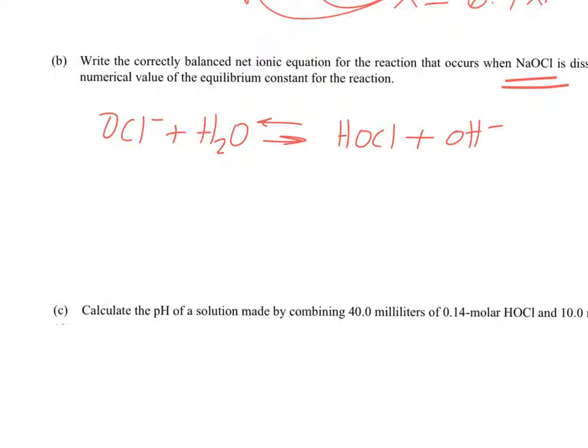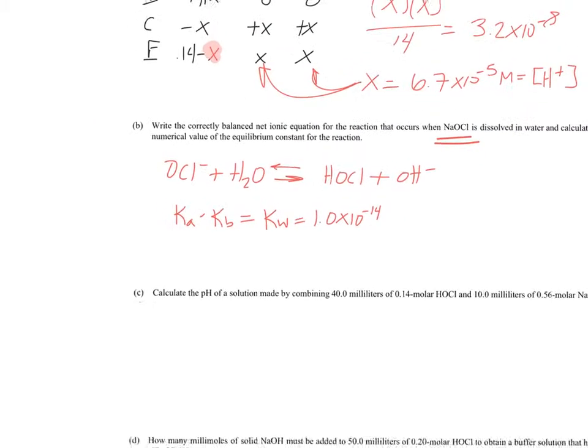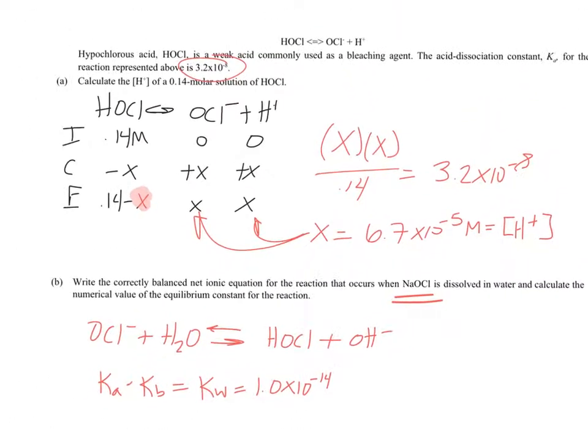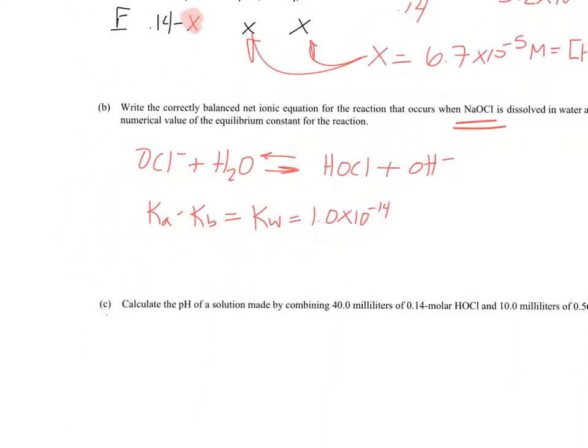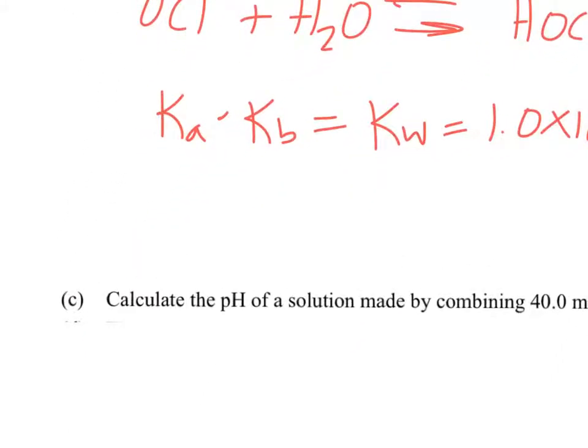We're looking at a base here, and we talked about in class the relationship between Ka of an acid and the Kb of its conjugate base: they're always multiplied together to equal Kw, which is 1.0 times 10 to the negative 14th. So Ka is 3.2 times 10 to the negative 8th, and Ka times Kb is Kw.